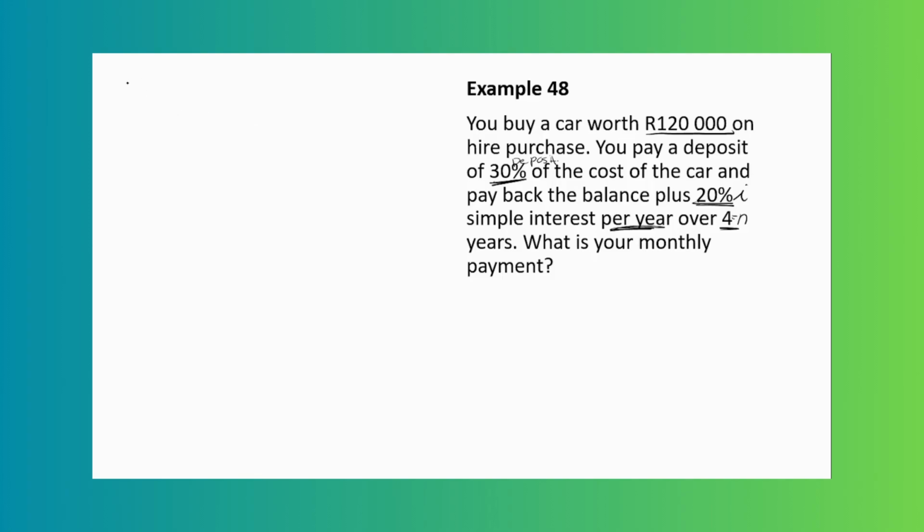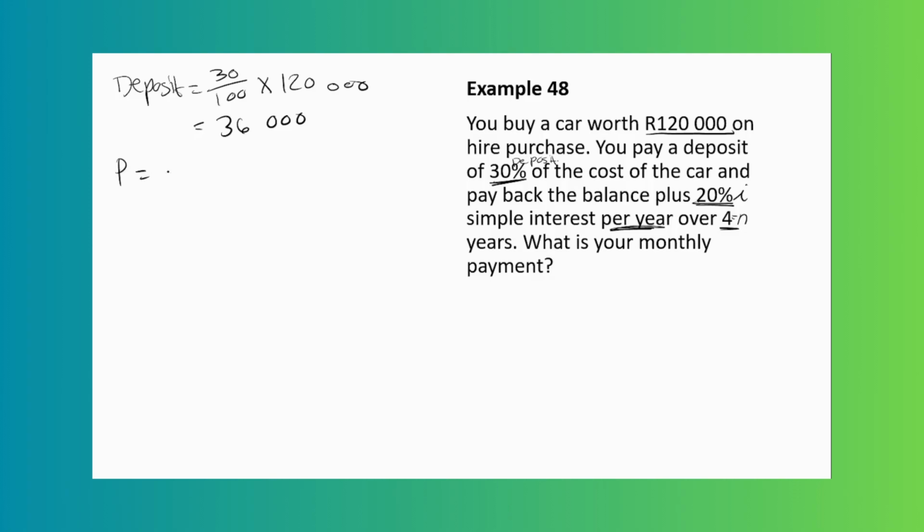So we firstly know we are not borrowing everything. We are paying a deposit first. So our deposit is 30%. And that's how we write 30%, 30 over 100 times 120,000. So our deposit is 36,000.